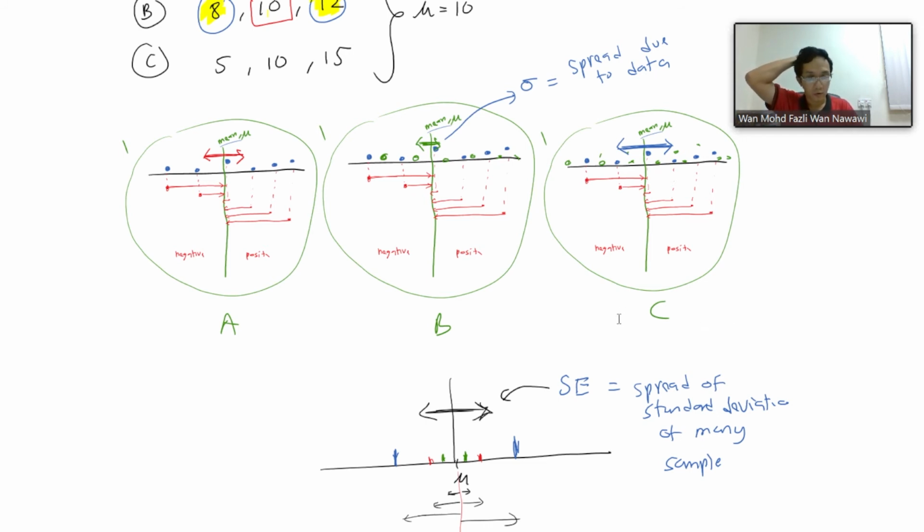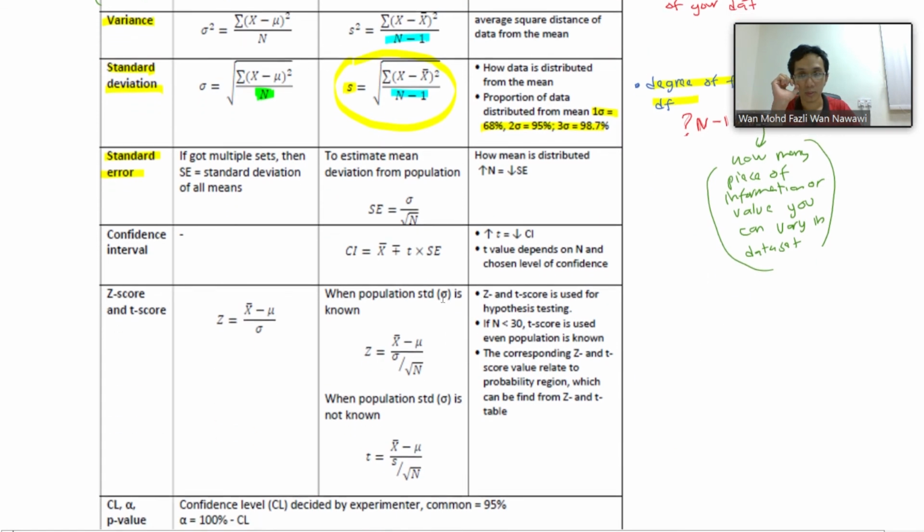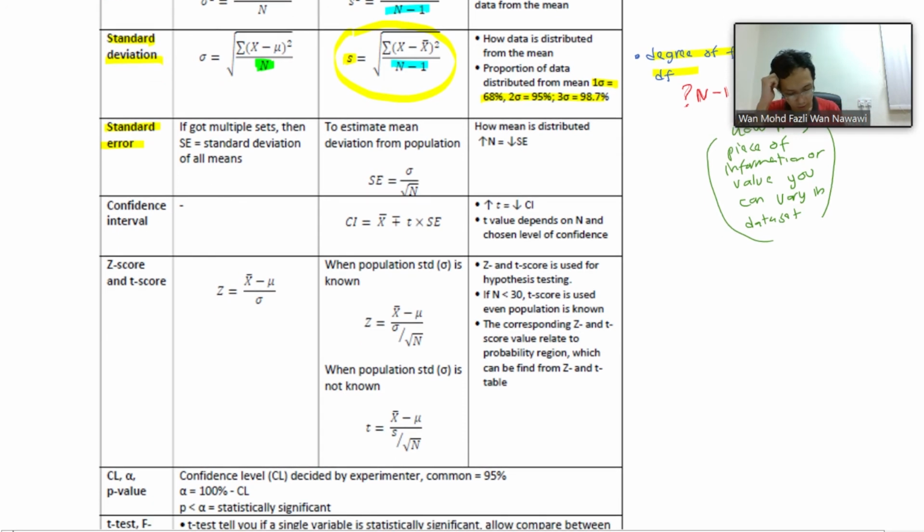So if you look here, the one that I showed you just now is basically this: when I take all the standard deviations and line them up on the number line and find the average, you get this.